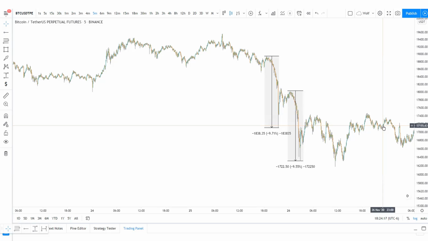So if you have a good inkling that the algorithm is reaching about 3 or 4% right now, well, if you look for entries that are in the outer 1% edge of that reach, and get confluence with points of interest or an order block or whatever, it's just another layer of probability to have the trade go your way.